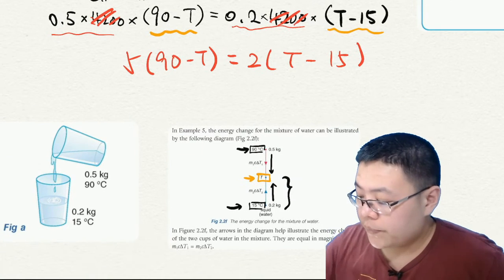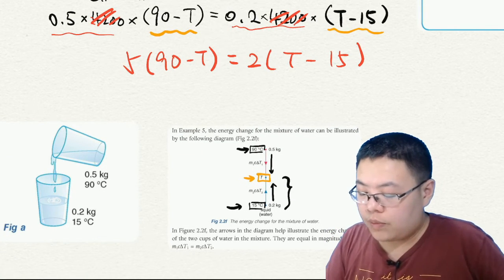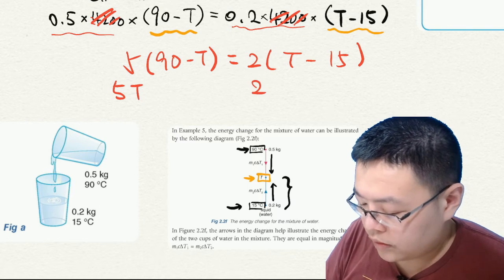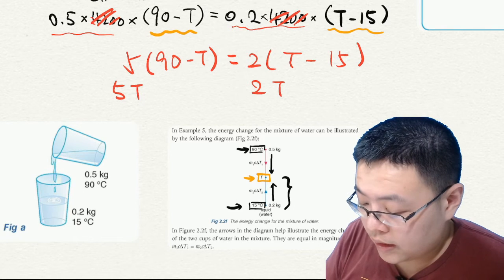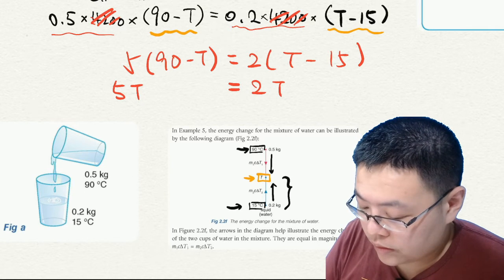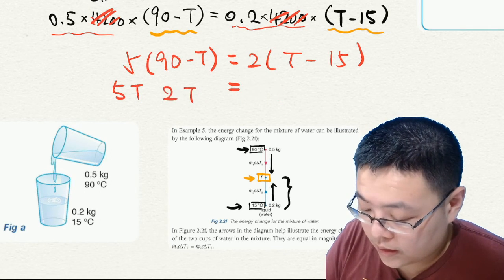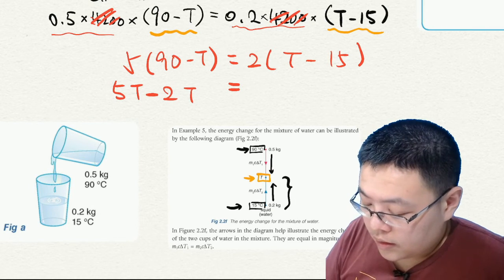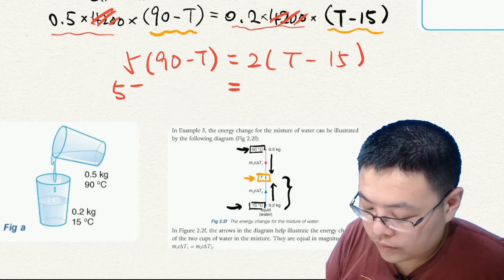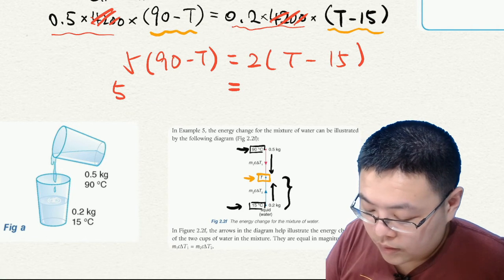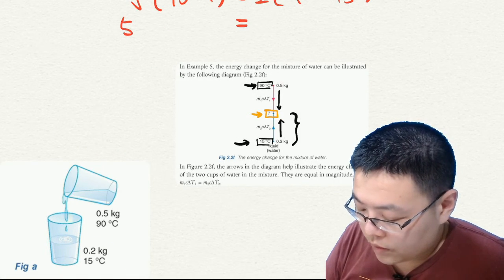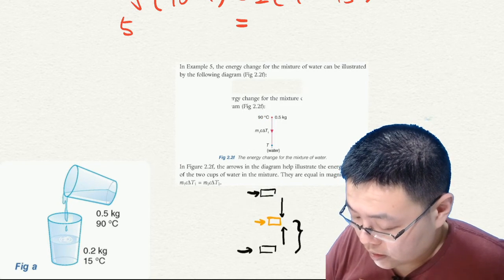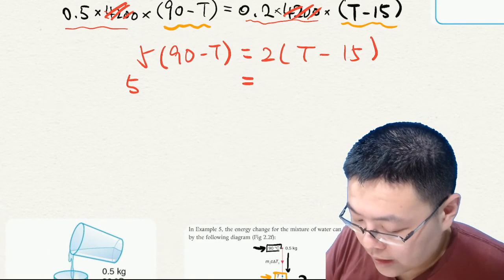Much simpler. With the help of a calculator, 5T, 2T, and this 2T can be converted to minus 2T. Sorry, I should write every step for you. Okay, I write every step.